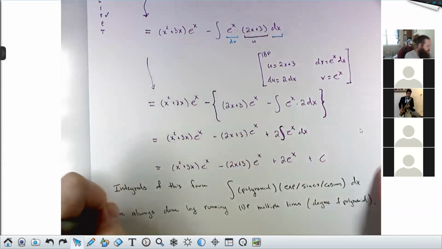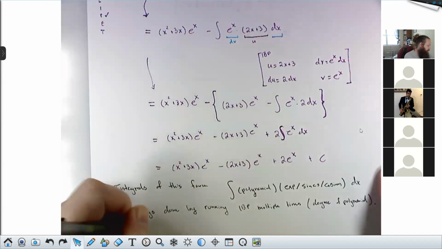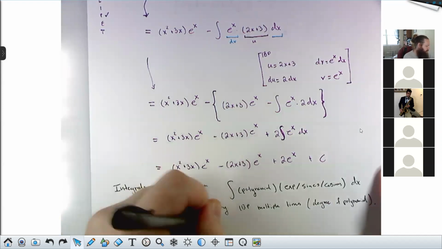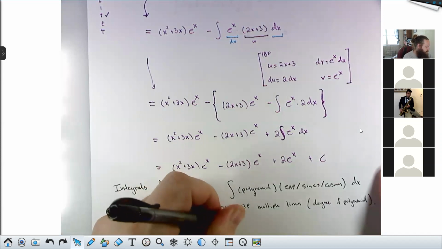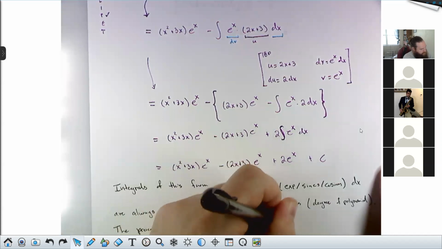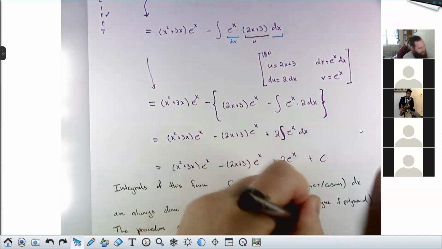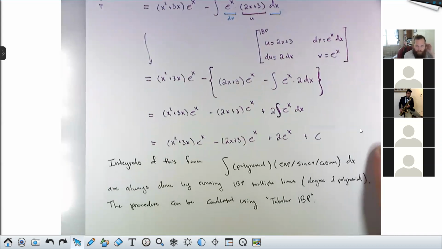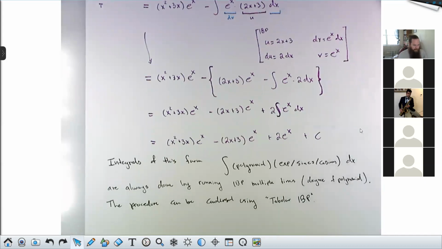The procedure can be condensed using what's called tabular integration by parts, which is not an official part of the Calc 2 curriculum here at Santa Fe, but it is at UF and some other schools.